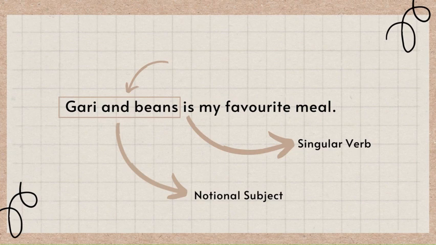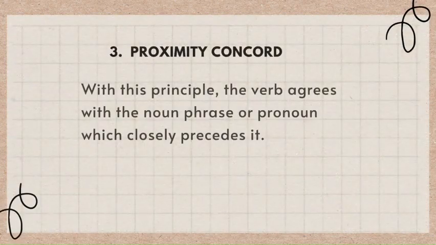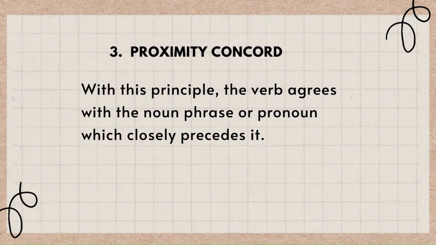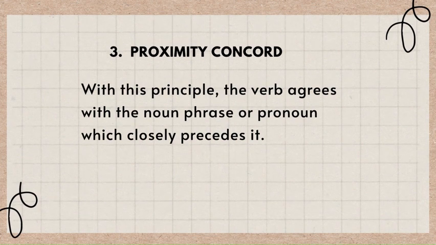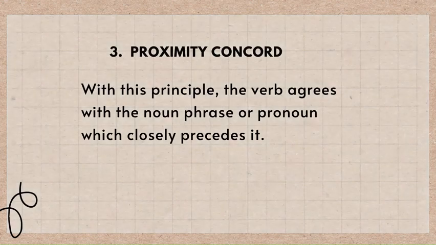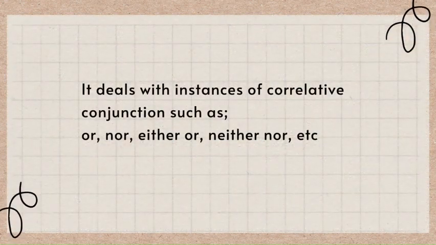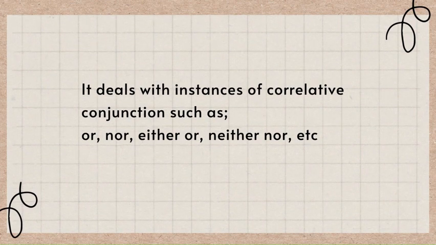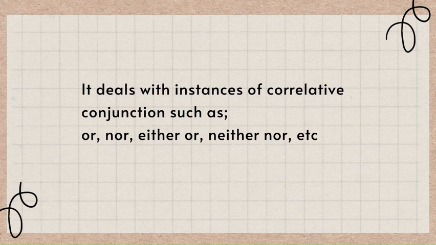The next type or principle of concord we are talking about here is the proximity concord, and with this principle, the verb agrees with whatever noun phrase or pronoun closely precedes it. So here it deals with instances of correlative conjunctions such as or, nor, either or, neither nor, etc.